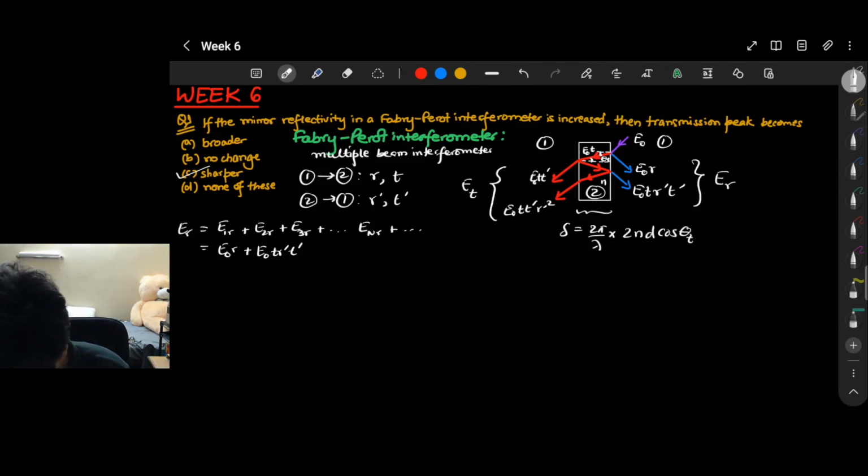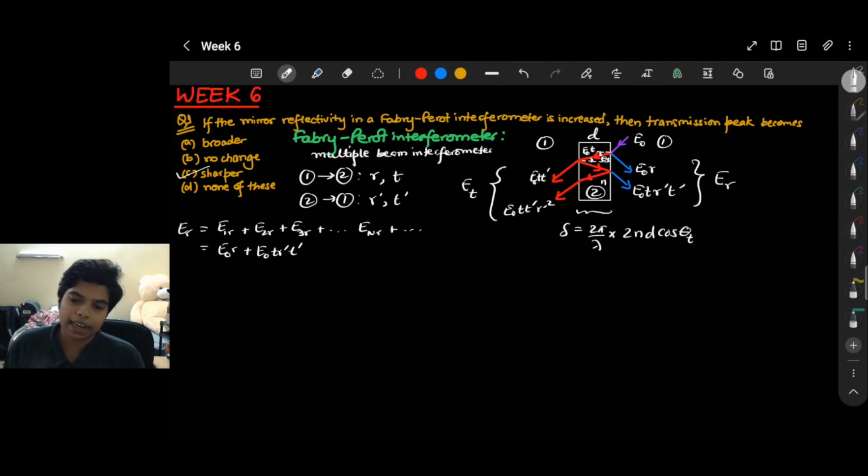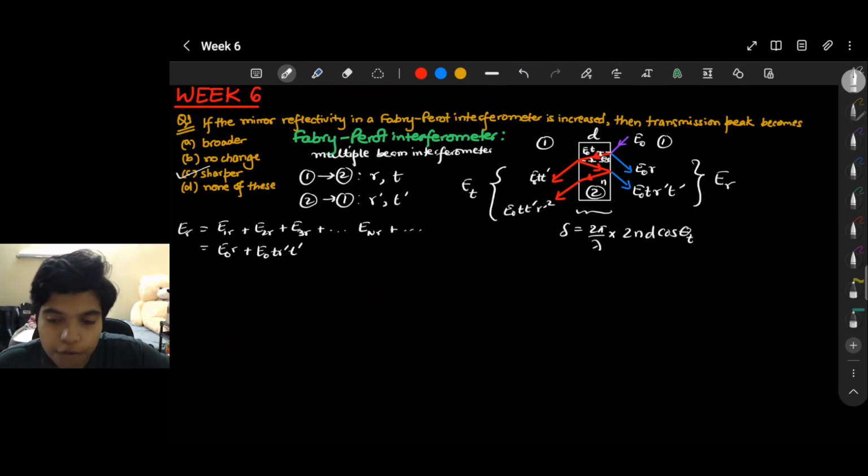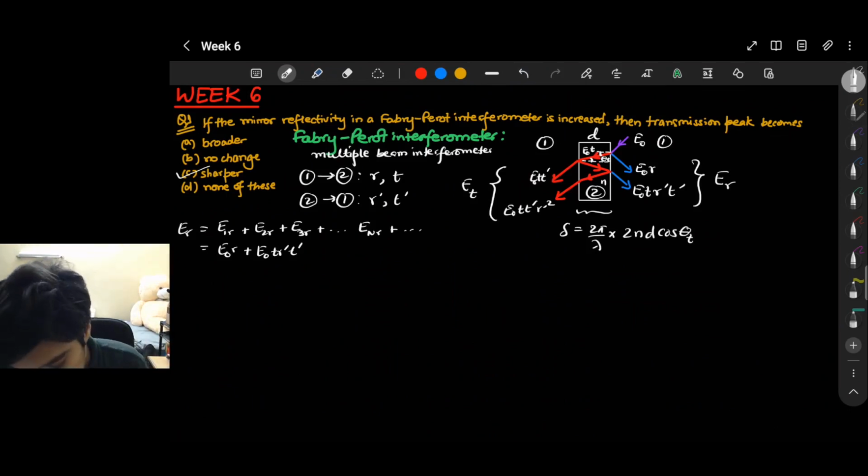And this thickness over here is d. Thickness of the material is d, and you can clearly see how this is coming. The extra path between each successive reflected ray or each successive transmitted ray would be 2nd cos theta t. That would give me a phase difference of 2 pi by lambda times 2nd cos theta t. If you have any doubts, you can watch the previous videos, where I have derived this particular path difference.